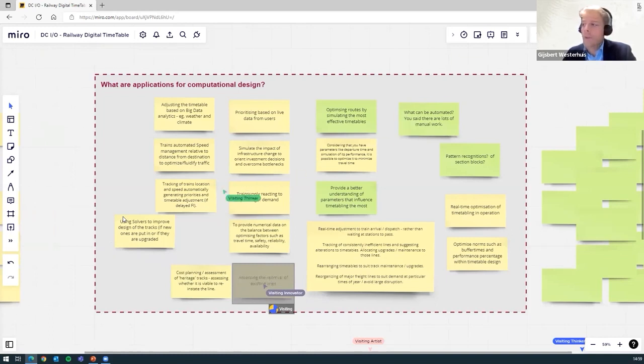I see live data from users, but also live tracking of trains, adjusting the timetable based on big data, optimizing routes.